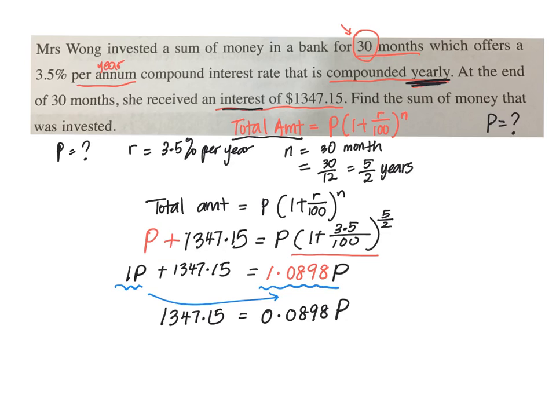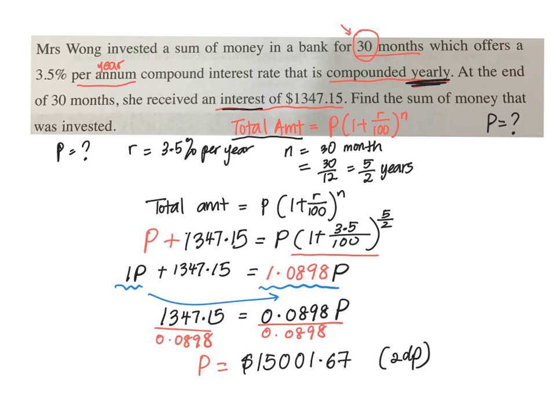I don't want the 0.0898, so I divide by 0.0898 on both sides. Then I will get my answer, 1347.15 divided by 0.0898. Okay, I got P to be $15,001.67, because it's dollars and cents money.